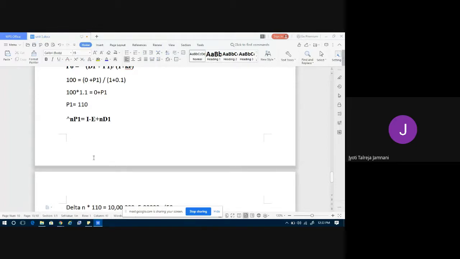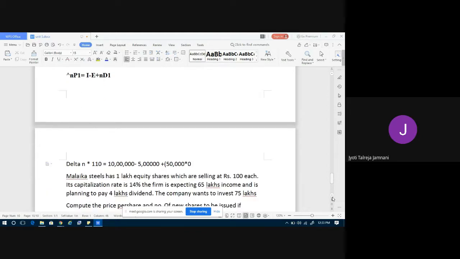N is 50,000 shares into dividend not declared, so dividend will be 0 now. So 50,000 into 0 is 0. 10 lakh minus 5 lakh is 5 lakh.